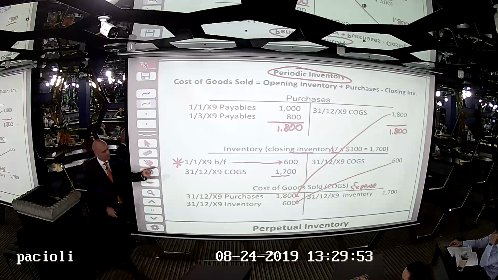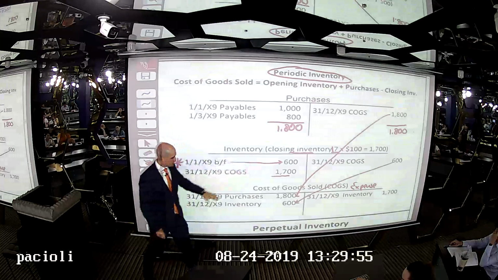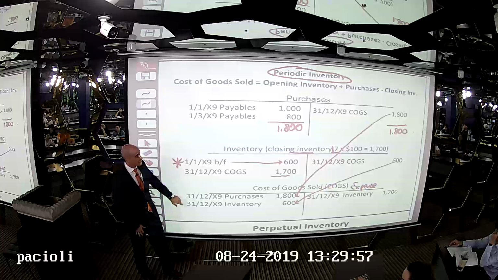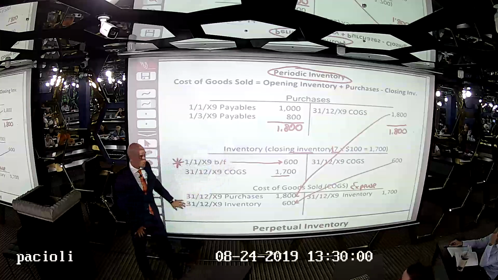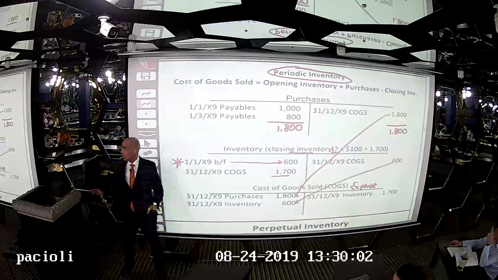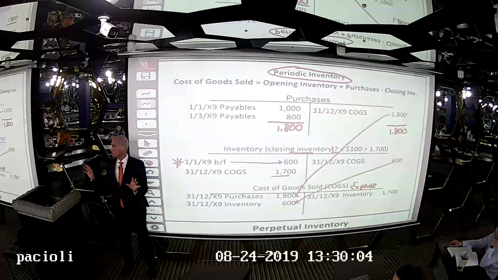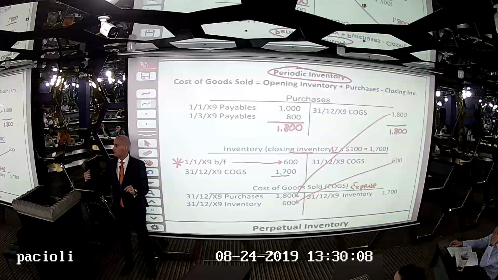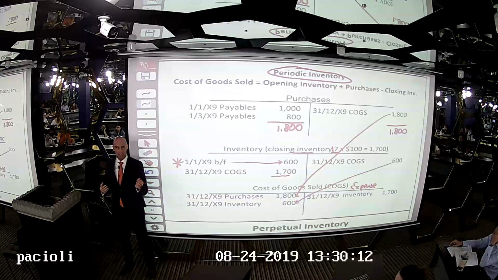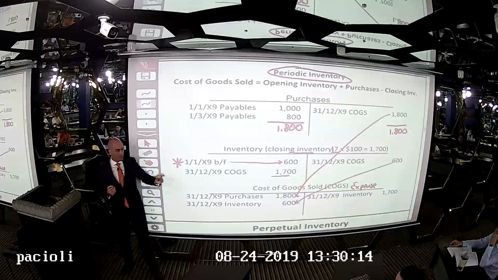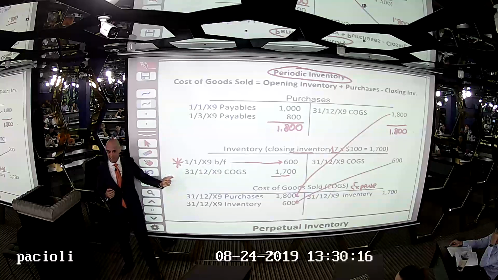So the beginning inventory transfers to cost of goods sold. Purchases transfers to cost of goods sold. And remember the formula? Cost of goods sold is opening inventory plus purchases minus closing. So cost of goods sold is an expense. Expense is a debit.